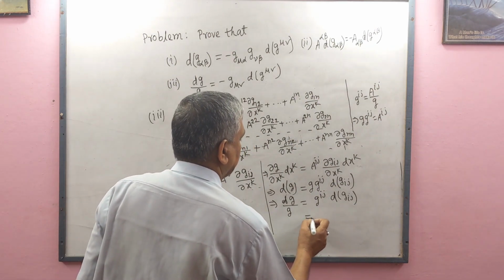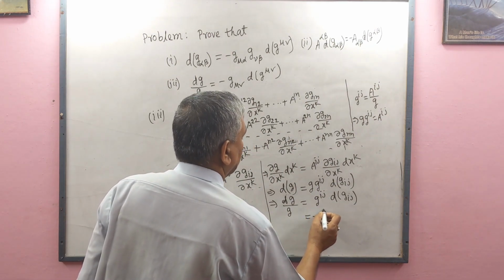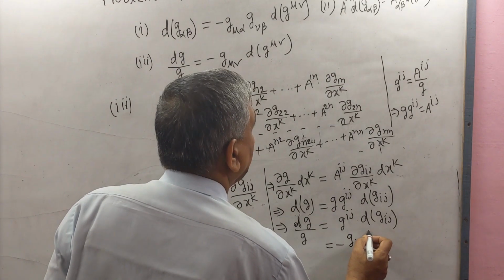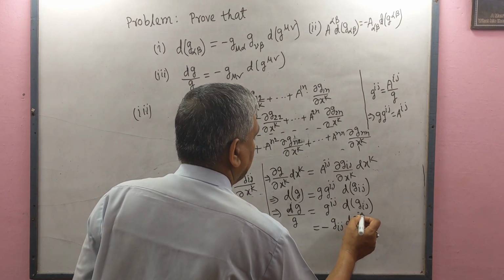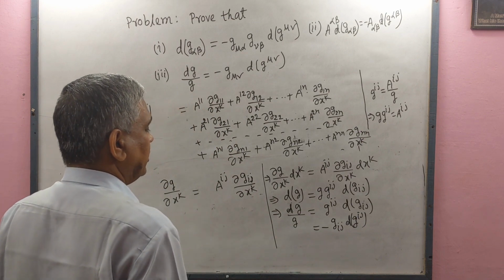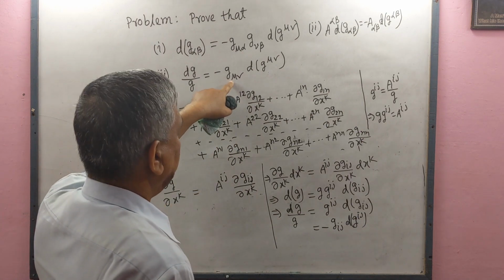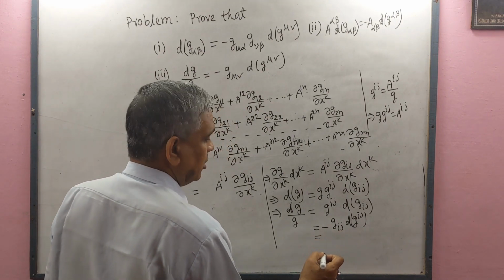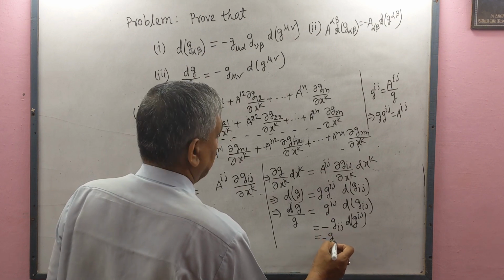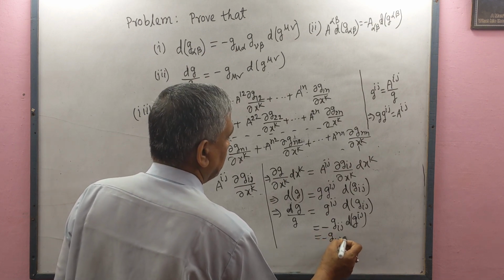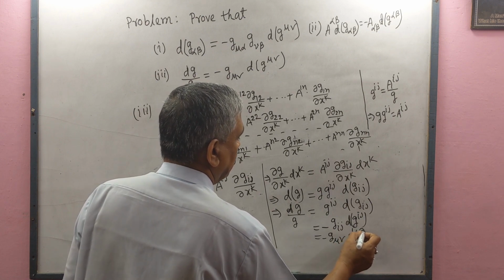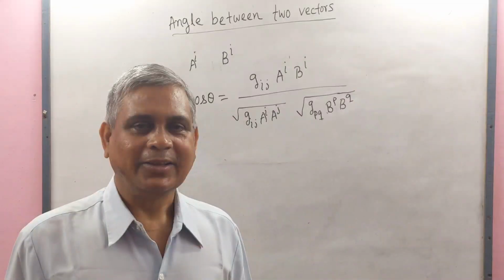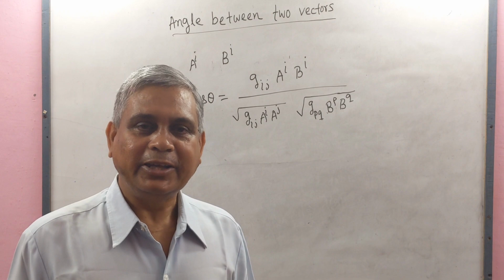So we may write minus Gij D Gij, replacing the dummy suffix i by mu and j by nu, we will get value of this is minus G mu nu into D G mu nu. Proved.